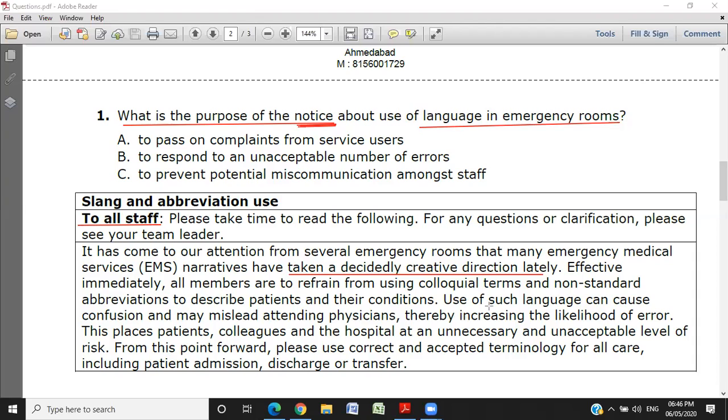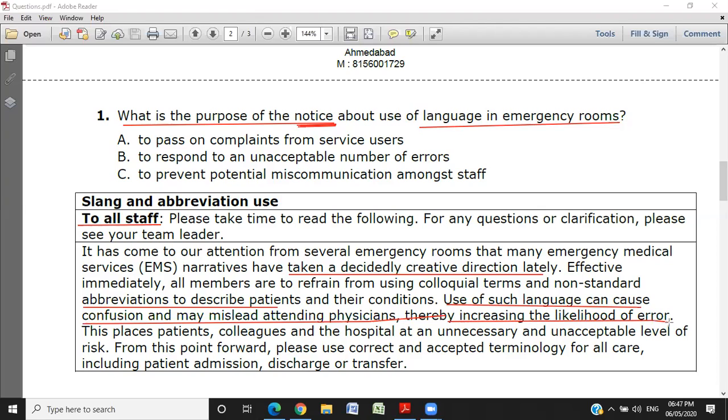Why is it written? It says they have been using a lot of non-standard abbreviations and a lot of colloquial language, and then they have warned here that use of such language can cause confusion and may mislead attending physicians and thereby increase the likelihood of error.